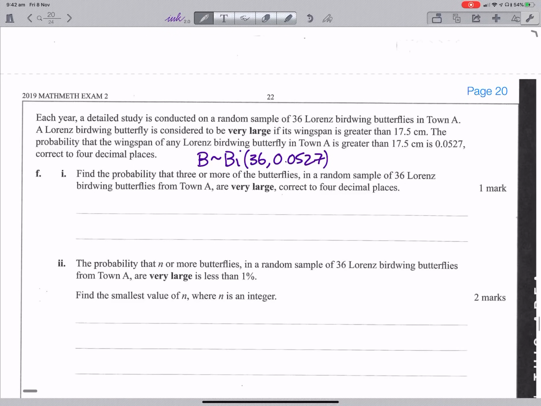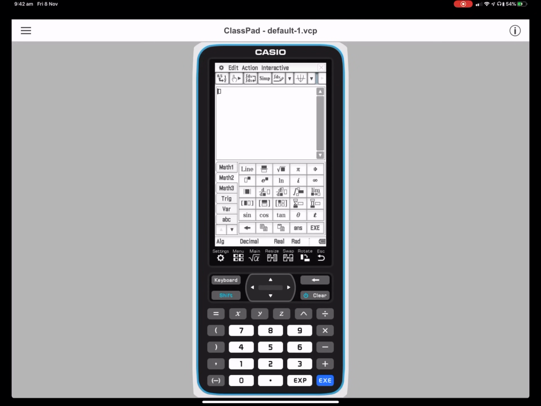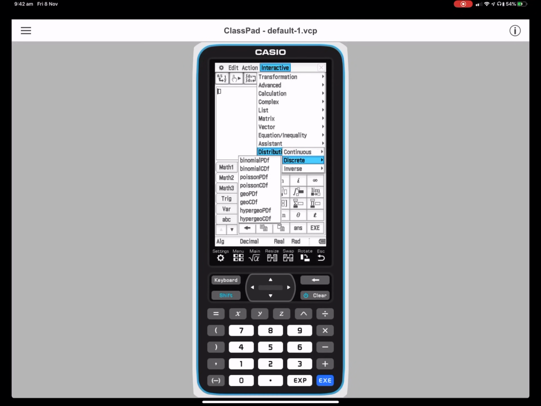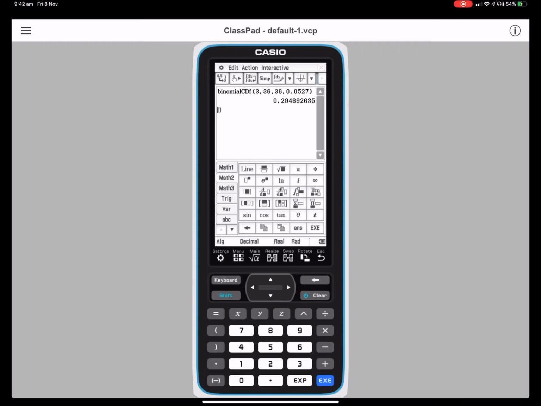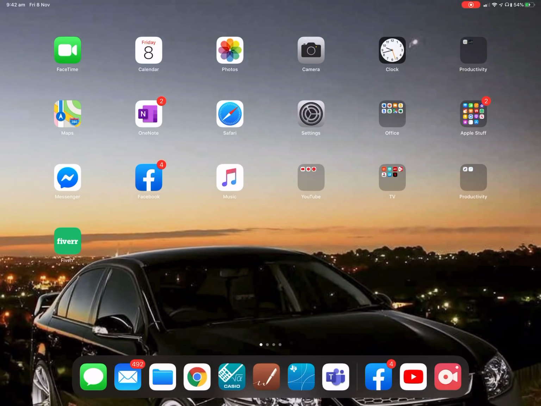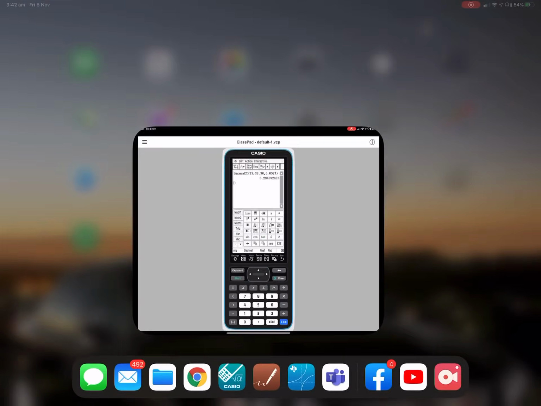So the probability that B is greater than or equal to 3 is, distribution, discrete, 3, 36, 0.0527, 0.2947. How many decimal places was it?